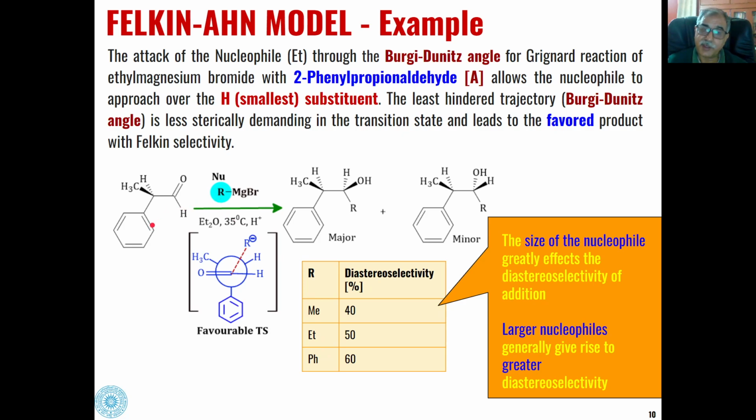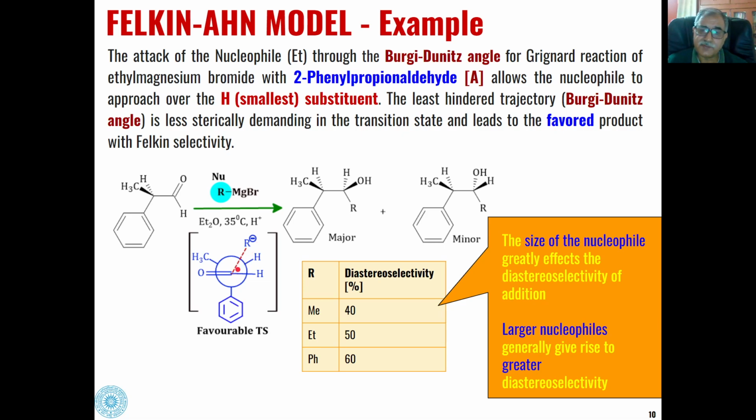Here again the favorable transition state will be where the nucleophile attacks at the Burgi-Dunitz angle, that is at 107 to 110 degrees.